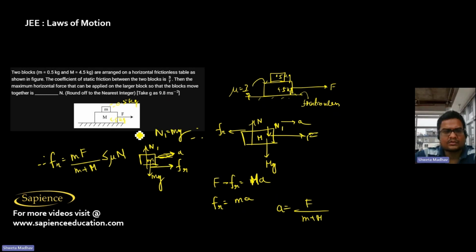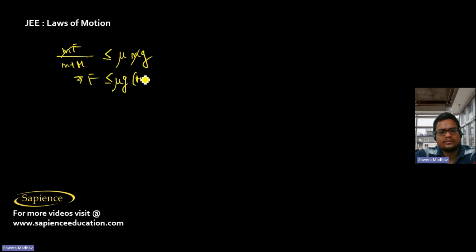Therefore mF by (m plus M) should be less than or equal to mu into N1, and N1 is mg. So m will cancel and F should be less than or equal to mu g into (m plus M).